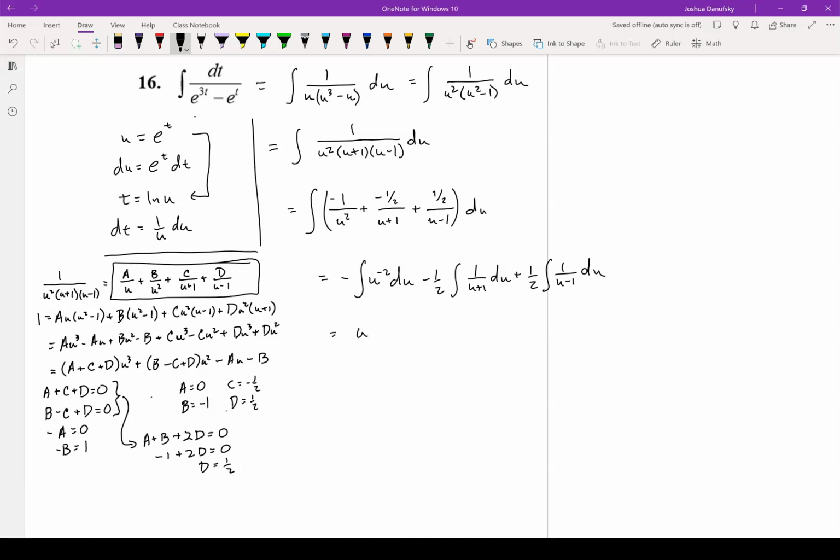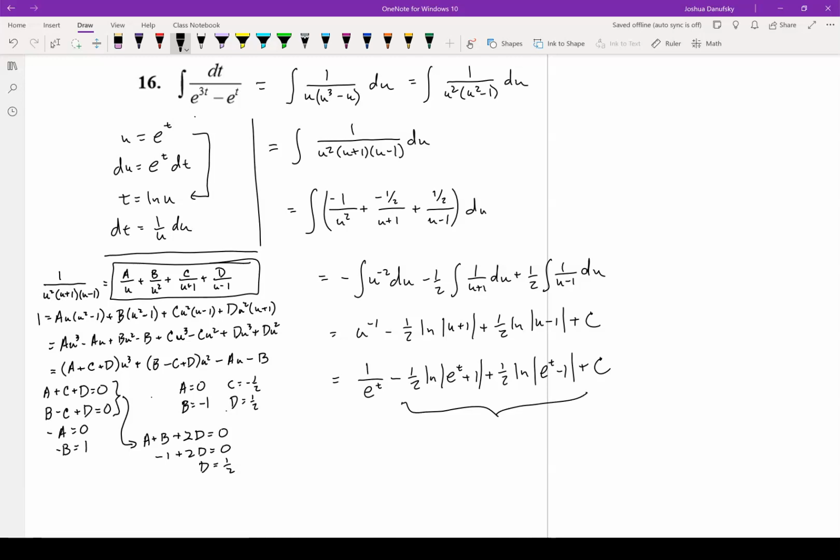It's going to give us u to the negative 1 minus 1/2 ln absolute u plus 1 plus 1/2 ln absolute u minus 1 plus C. Bringing back our e to the t, we're going to have 1 over e to the t minus 1/2 the ln of e to the t plus 1 plus 1/2 ln e to the t minus 1 plus C. This is a difference of two ln's, if I switch the order, so we can rewrite it as the ln of a quotient.